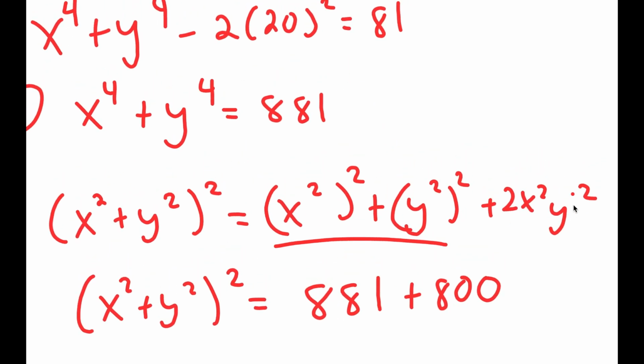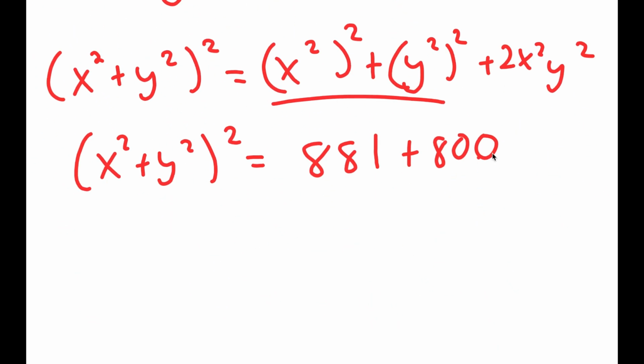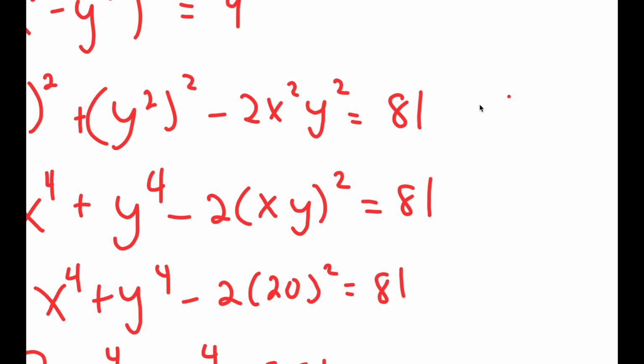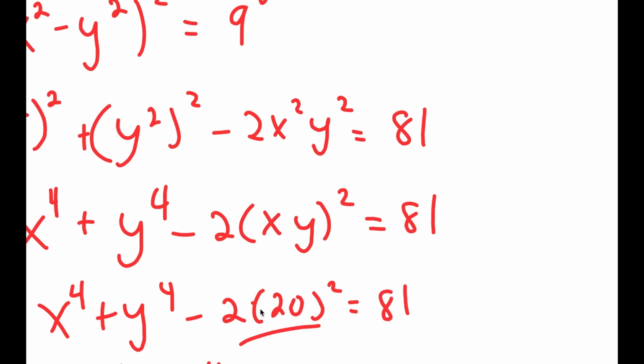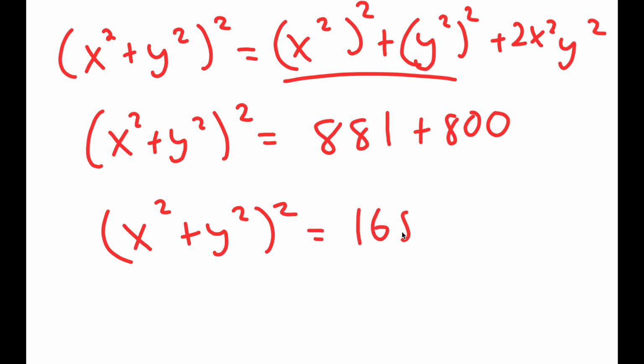And 2x squared y squared is going to be 800 because xy is 20, so 2 times 20 squared, which is 800. So (x squared plus y squared) squared is equal to 1681.